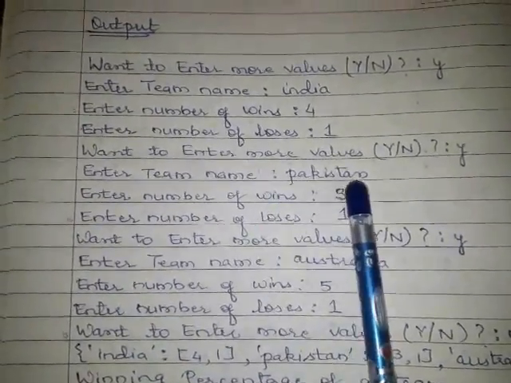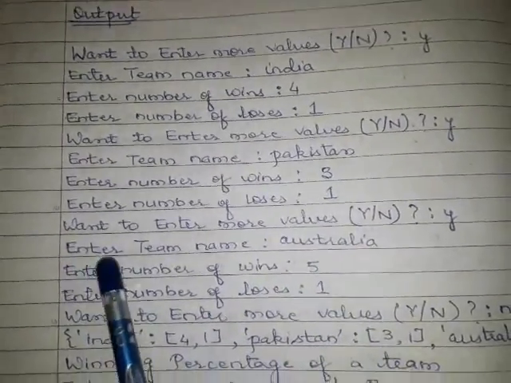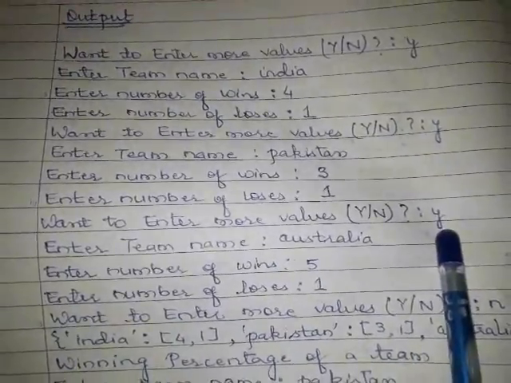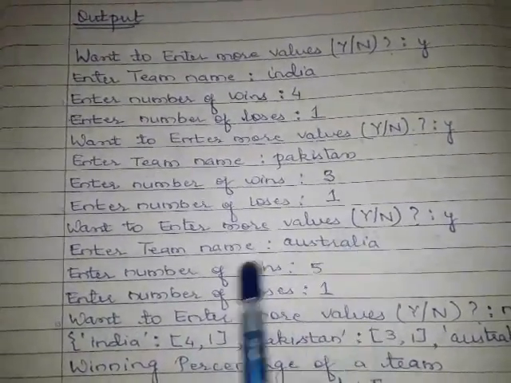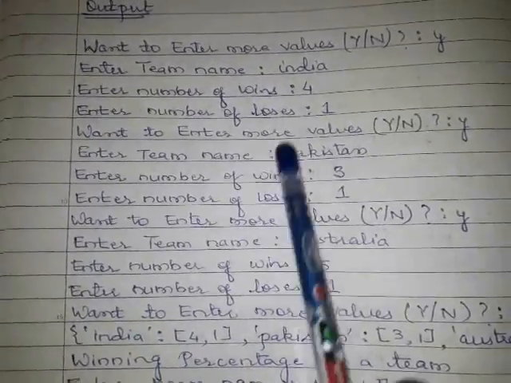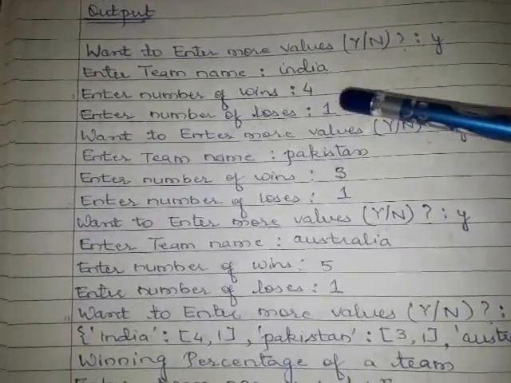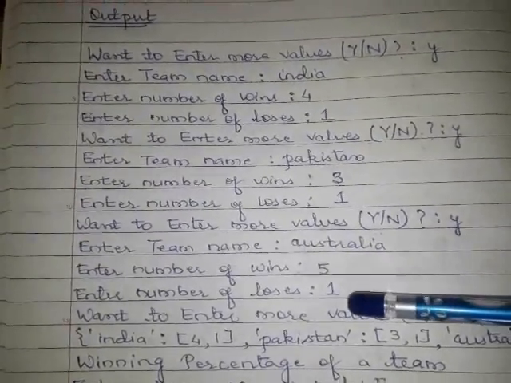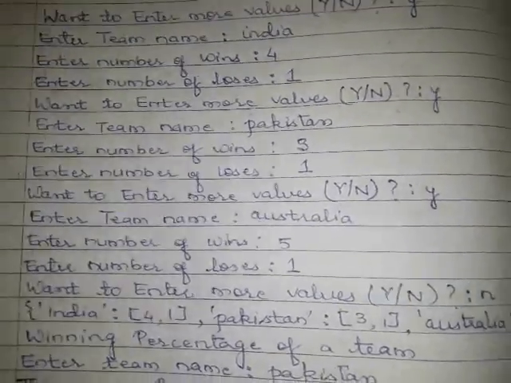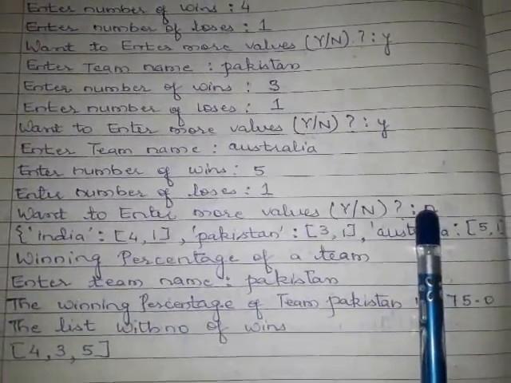Enter team name, I have given Pakistan, wins 3, losses 1. Want to enter more values? Yes, Y again. Enter the team name, I have given Australia, wins 5, losses 1. So here I have given 3 teams with their win and loss values. Now I don't want more, so for 'want to enter more values' I have pressed N, either capital or small.